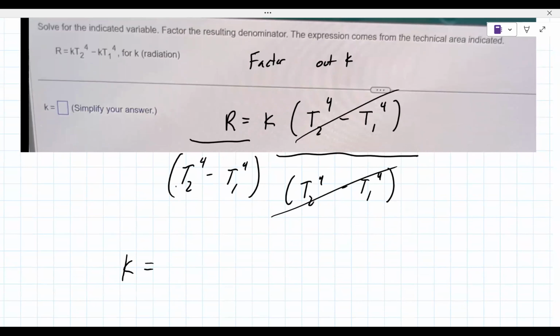Your k is R over, and you don't need the parentheses, up to you if you want to put them in, T subscript 2 to the power 4 minus T subscript 1 to the power of 4. And really make sure you're entering it correctly.